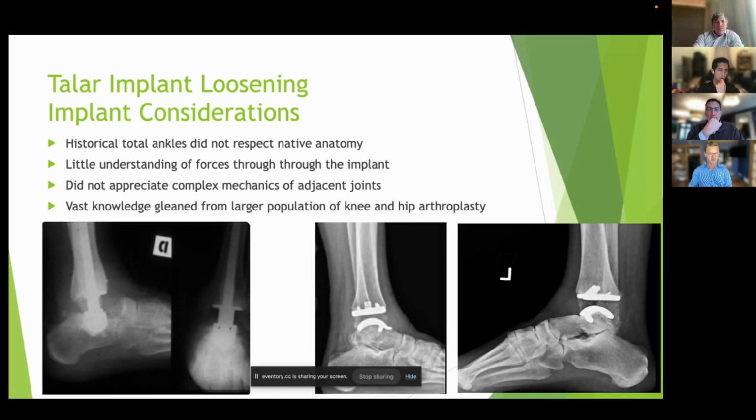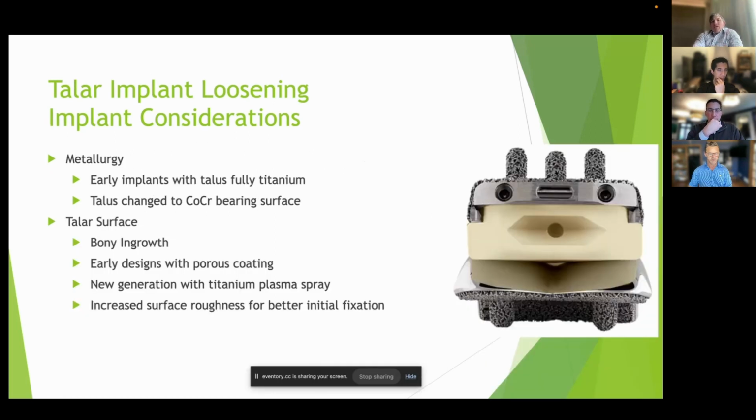experience that they've had. So speaking of metallurgy, some of the earliest implants were all titanium. We moved obviously to a cobalt chrome bearing surface, and this has a significant bearing on polyethylene wear, things that were already touched on to a degree. With the bony ingrowth surface, early designs were more of a porous coating, all the way up to the Agility.